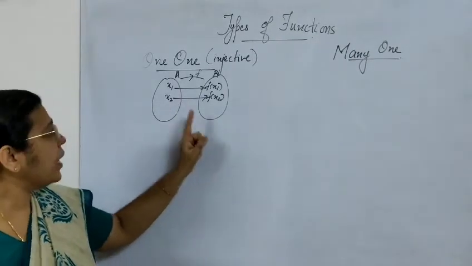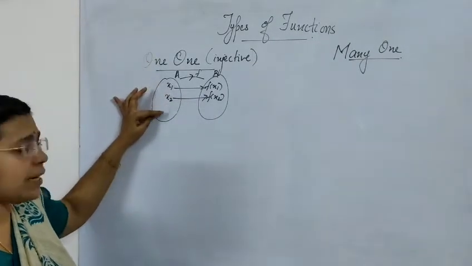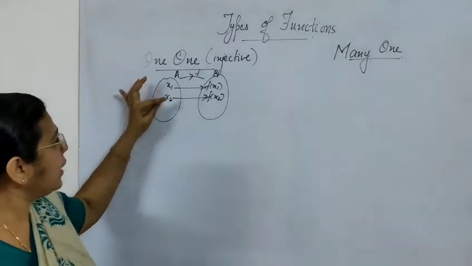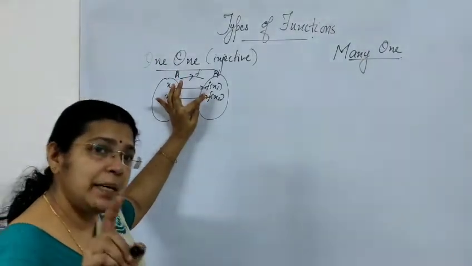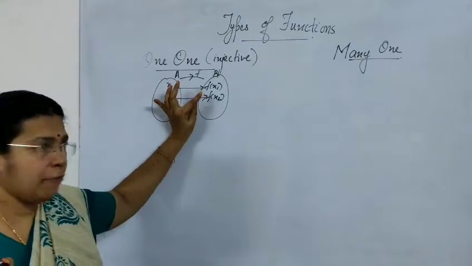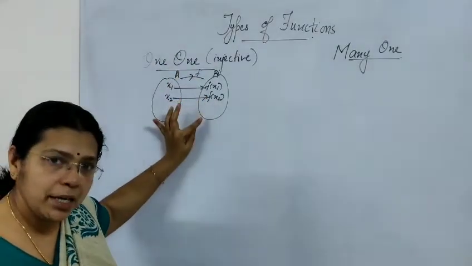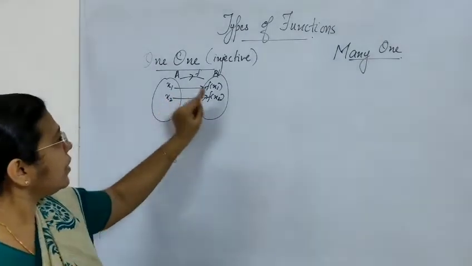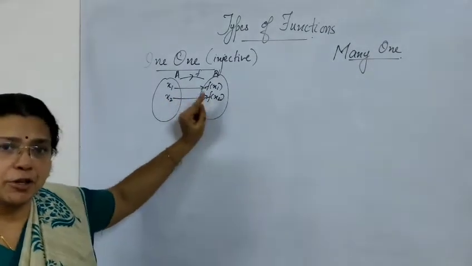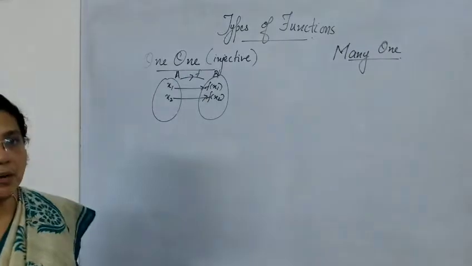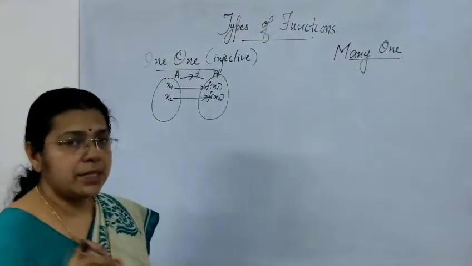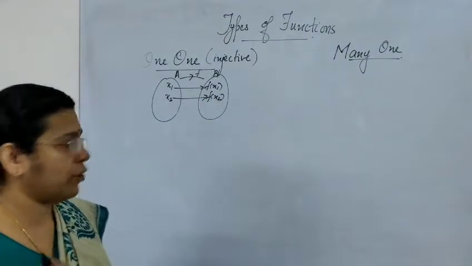What does that mean? Corresponding to every element in set A, there is only one image in set B. Such a function is called a 1-1 function.